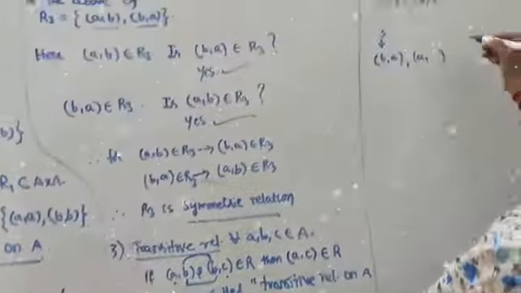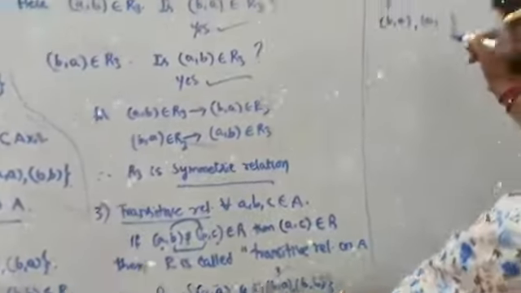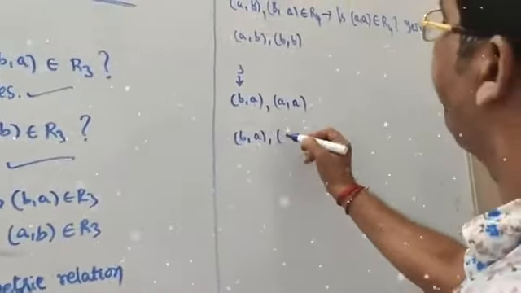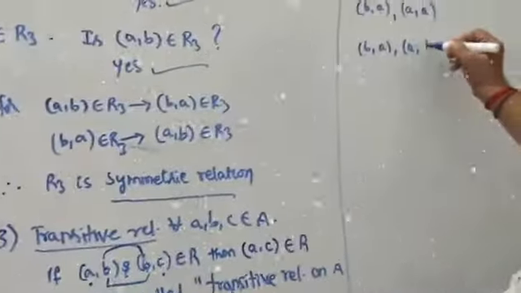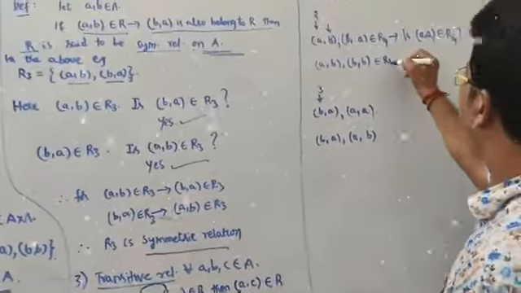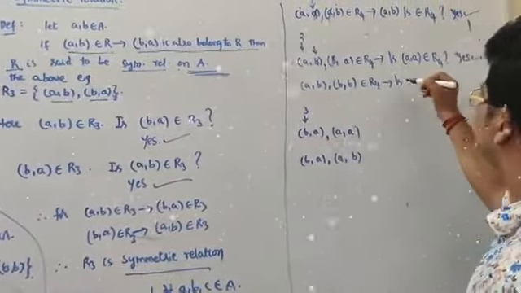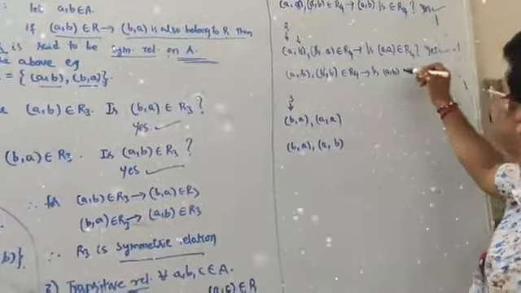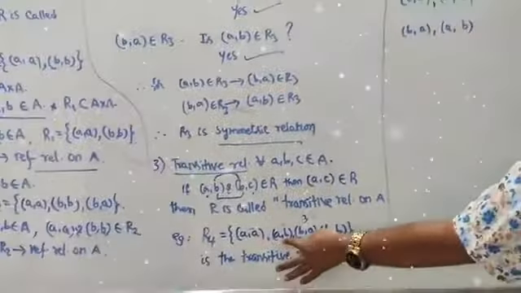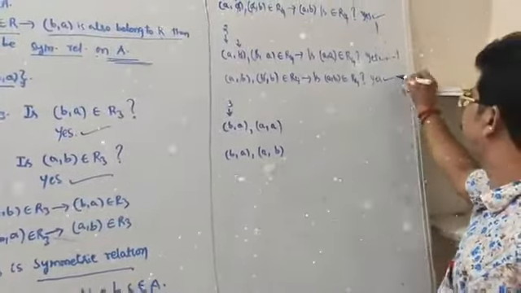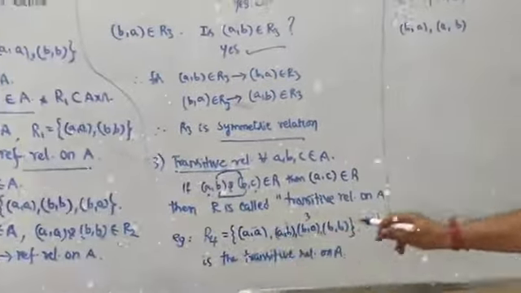Two elements are there: (A, A) and (A, B). Of course, it belongs to R4, and we can put the same B, B same, (A, B). It is again in R4. Same question: is it correct? Your answer must be yes by observing this R4 set.